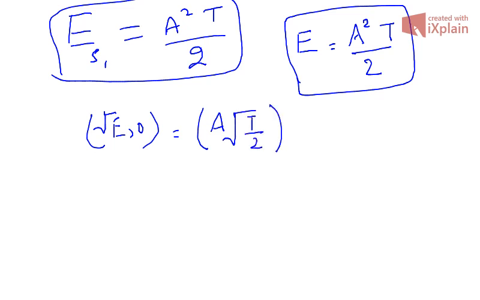This is the signal point for S1, and similarly for S2 it is minus square root of E. These are the points on the x-axis. So these antipodal signals can be observed on the psi1 axis in the Euclidean space.